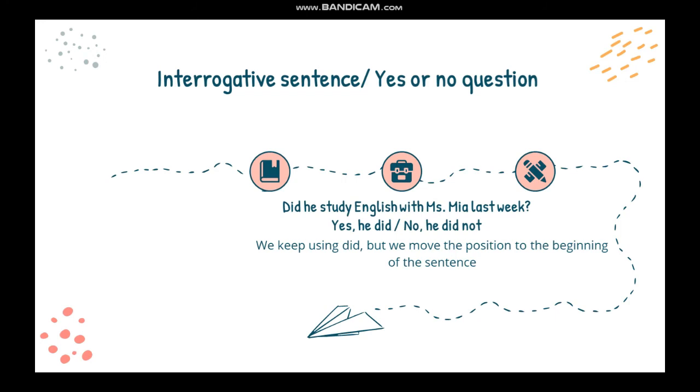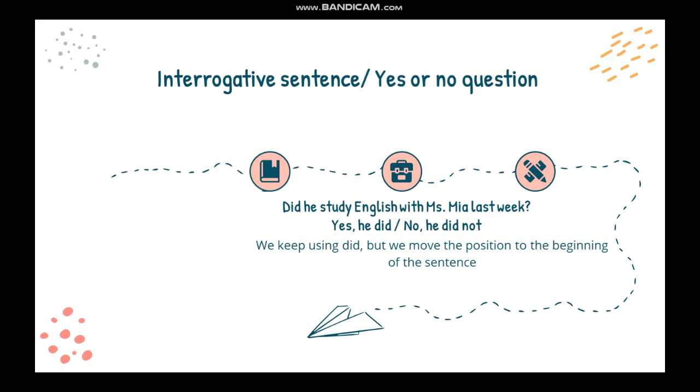We move it to the beginning of the sentence. And you must remember also, we keep using the base verb in this interrogative sentence. We do not use studied, but we are using study, the base verb. Did he study English with Miss Mia last week?